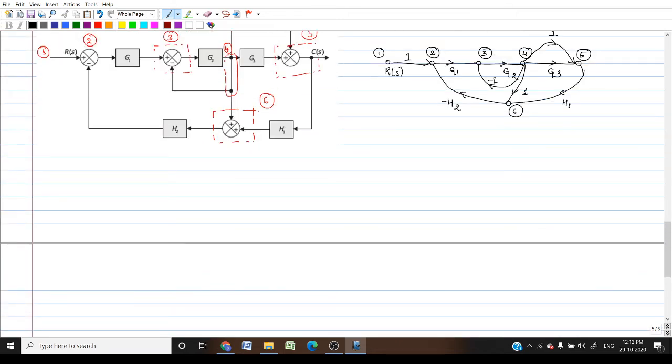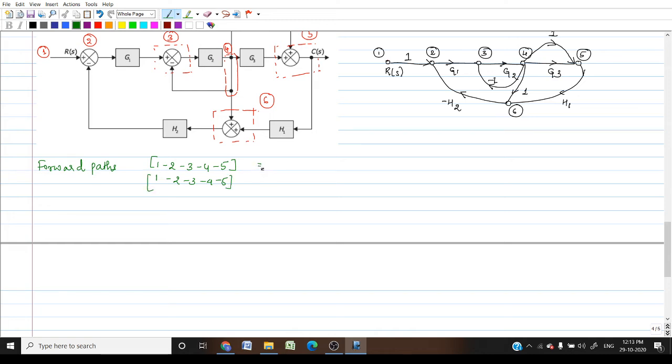I'll straight away write the forward paths and the loops. Sorry, there are two forward paths. One is from 1 to 2, 2 to 3, 3 to 4, 4 to 5, and from the same nodes we have one more forward path that you can see.